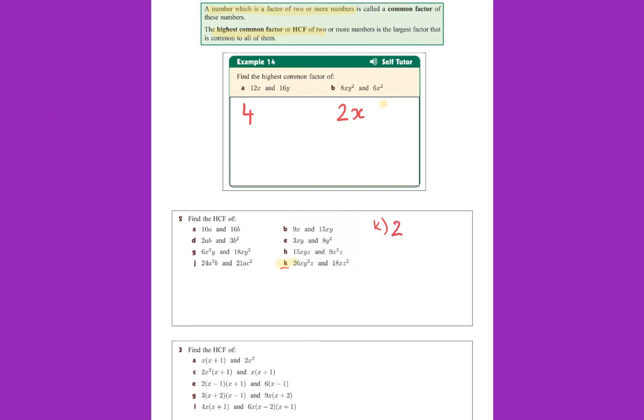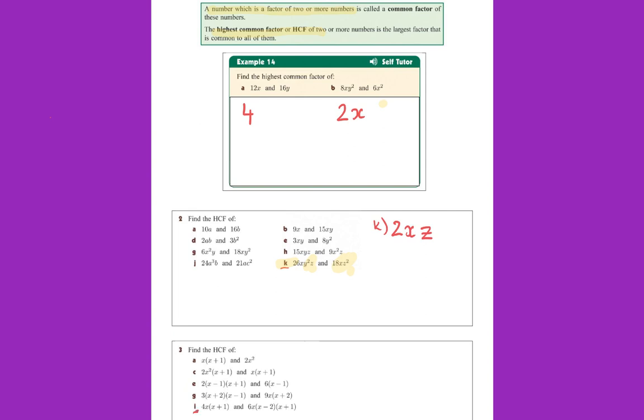The common number between 26 and 18 is 2. Now let's look at the letters. The common letter is an x, and it's a z, but only a z, not a z squared, because there's a z squared in here, but only a z in the first one.